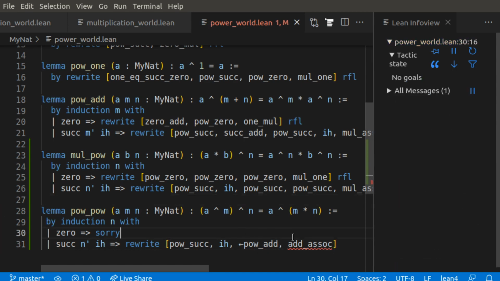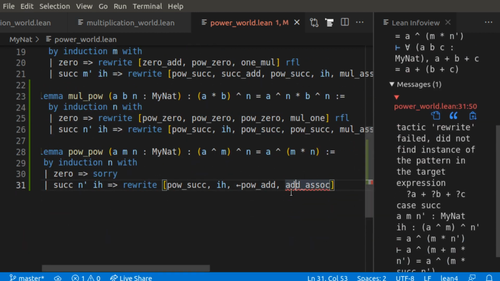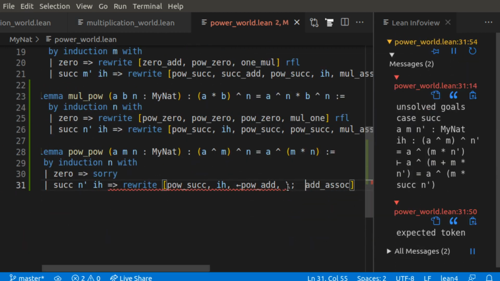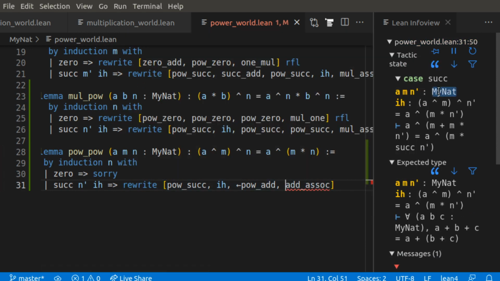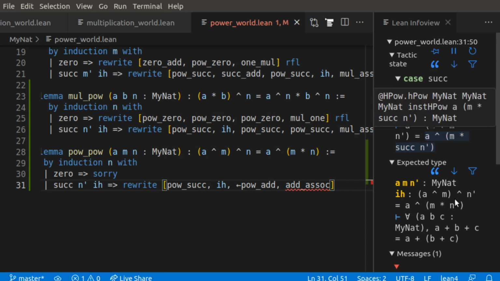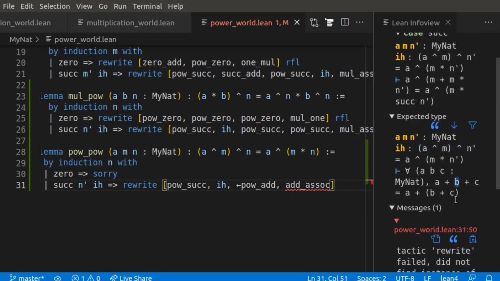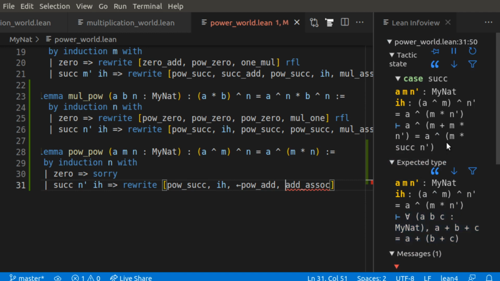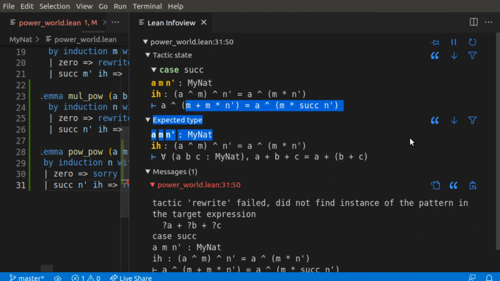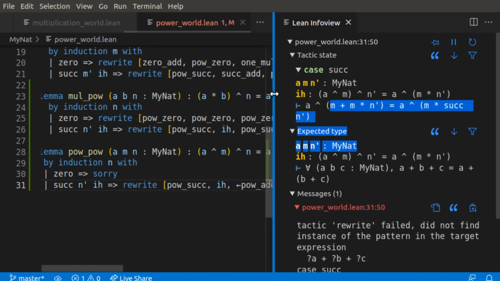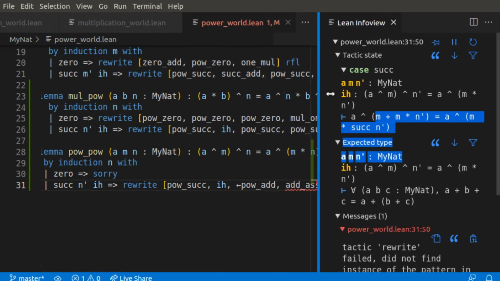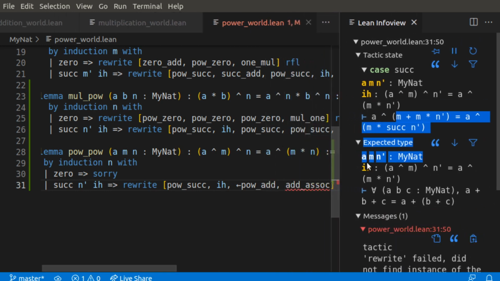Does that work? We need to use it in reverse, maybe. Oh, okay. Why did associativity not work? That's for 3 things. Okay, this is m plus m plus. Oops, too big. Let's drag it over. What's going on here? Okay, we're close to solving this.